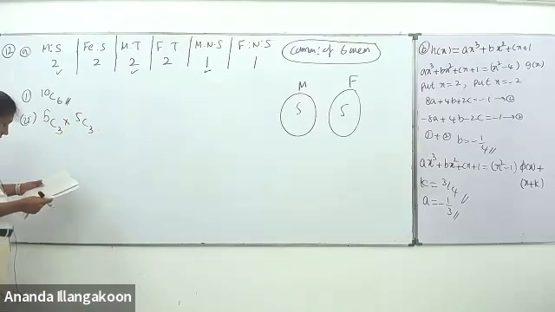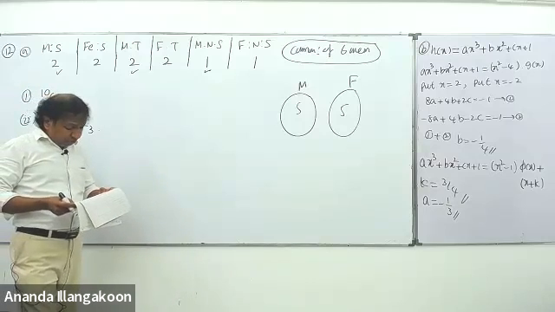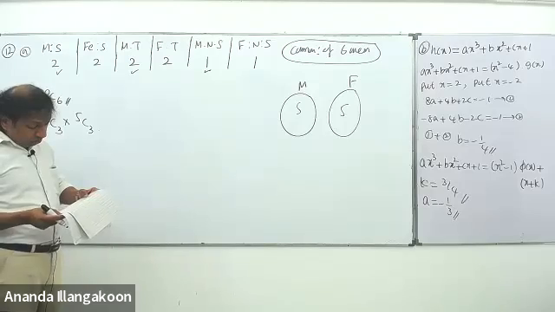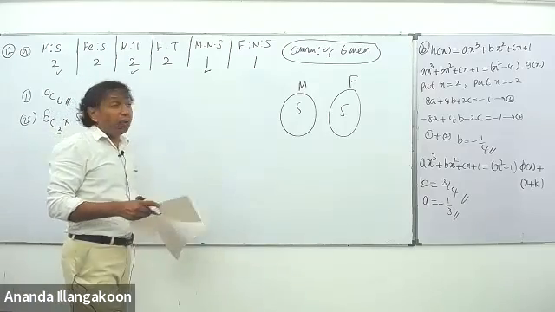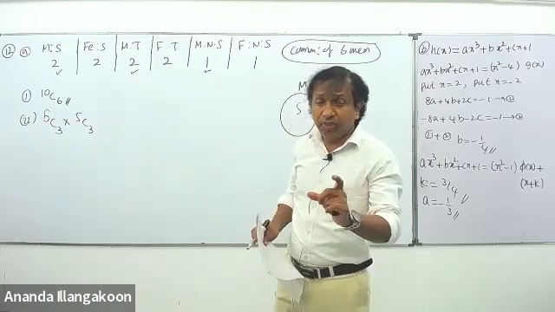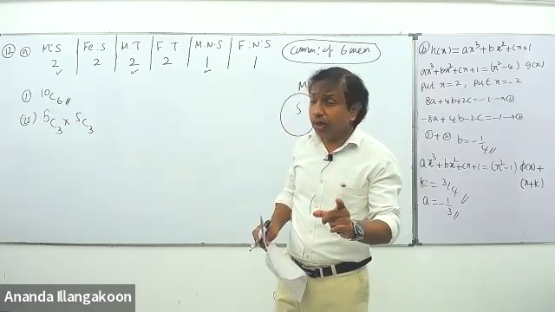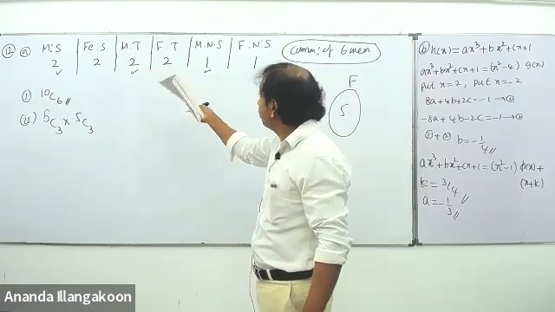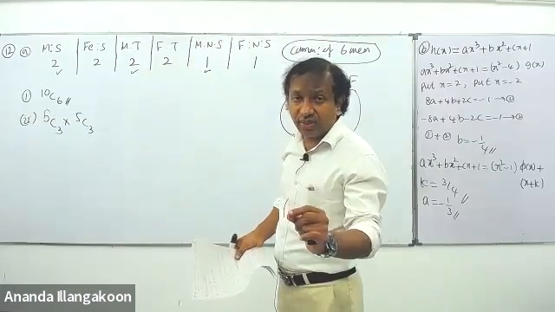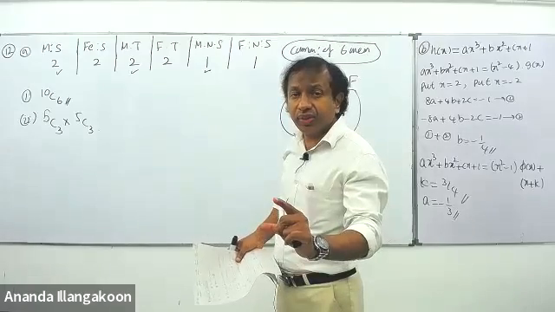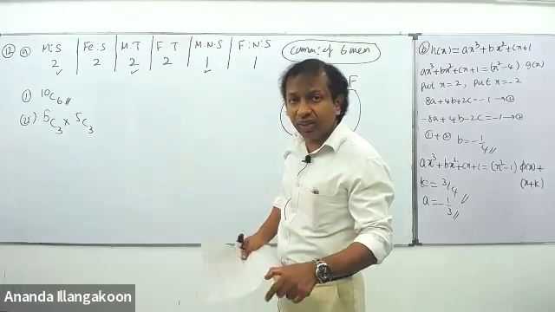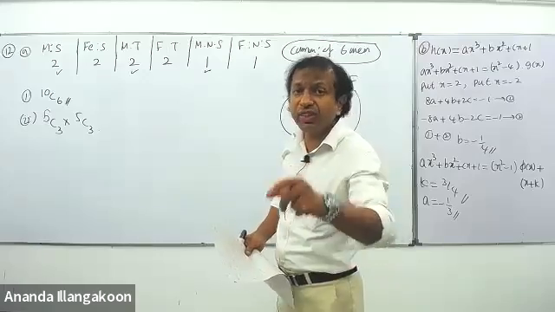Third one, if all the categories above are to be included. That means, people, among these 6 members in the committee, how many categories are there? 1, 2, 3, 4, 5, 6 categories are there. Among that 6, all 6 types of members should be available. Then, people, definitely we have to take 1 from each category.